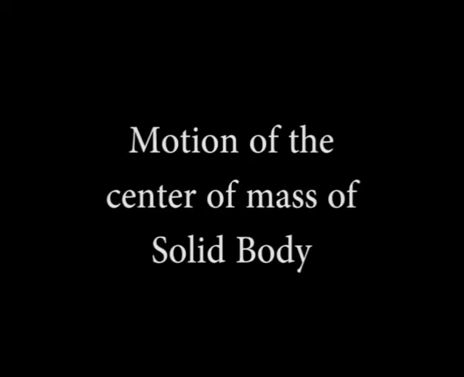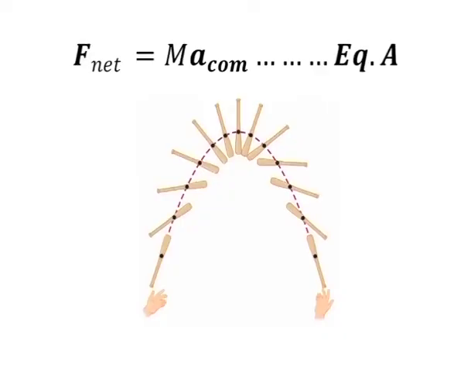Motion of the center of mass of a solid body. Equation A applies not only to a system of particles, but also to a solid body such as the bat shown here. We know F net is equal to m a com.